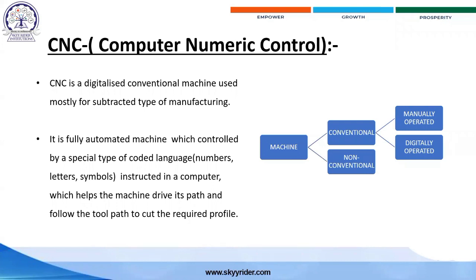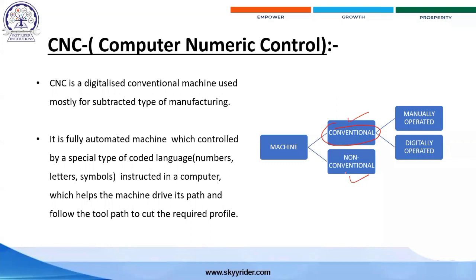Basically, the machines we are using are of two types. One is conventional and another is non-conventional. So what is this conventional type of machine?